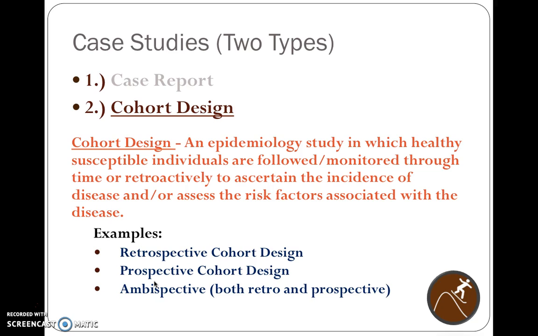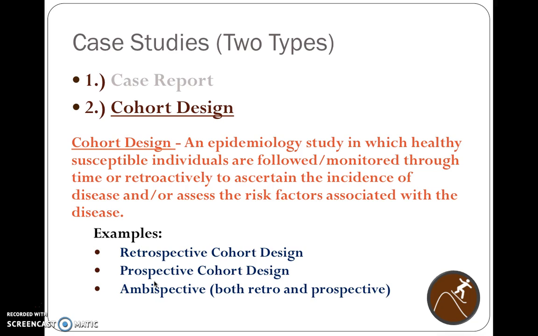We know when they were exposed to things and then when the disease actually arrives, or becomes a new case, an incident case of disease or of the condition of interest.